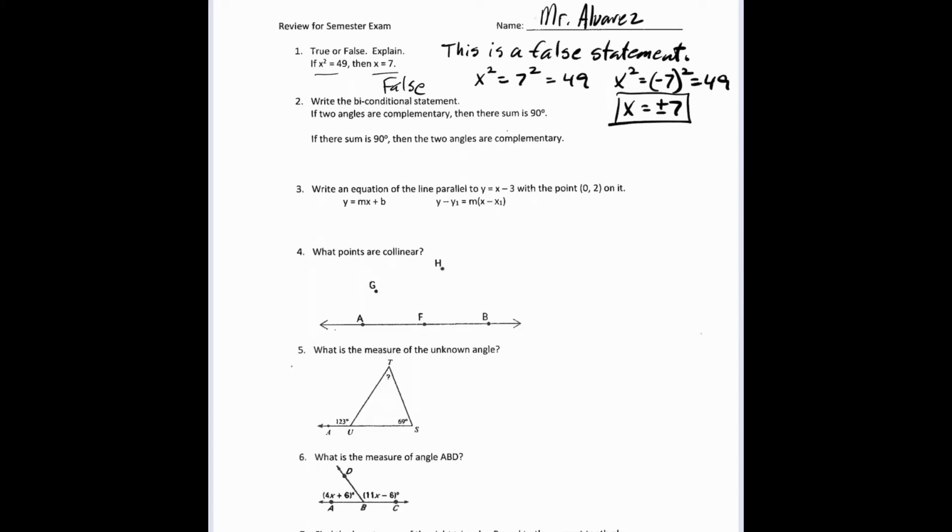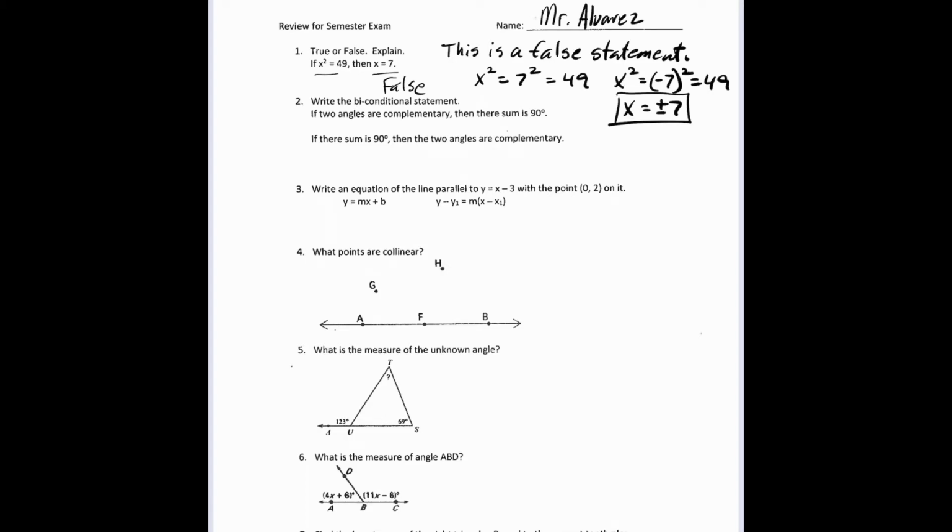In order for us to write these two sentences as a combined biconditional statement, we need to use something in the middle of the sentence, and it is if and only if. This is something that I taught you a long time ago, and I'm hoping you remember. If and only if has to be in the middle of the sentence. Okay? So let's erase it and let's put it in the sentence.